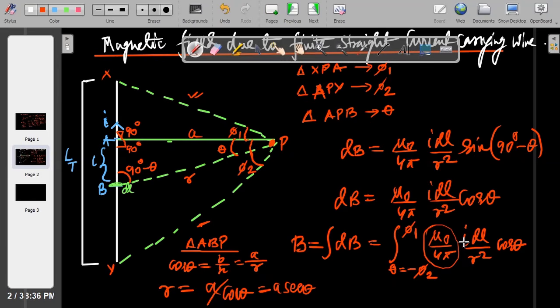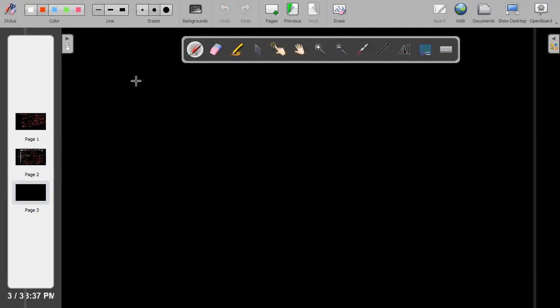Now another thing is dl. So length will be there. This length is L, the length of AB. Now please check this triangle ABP. Let's say tan of theta.